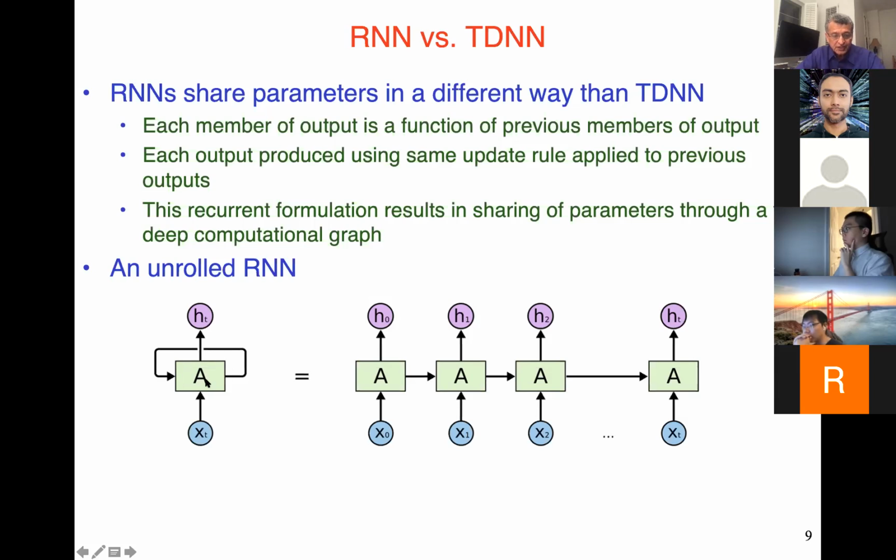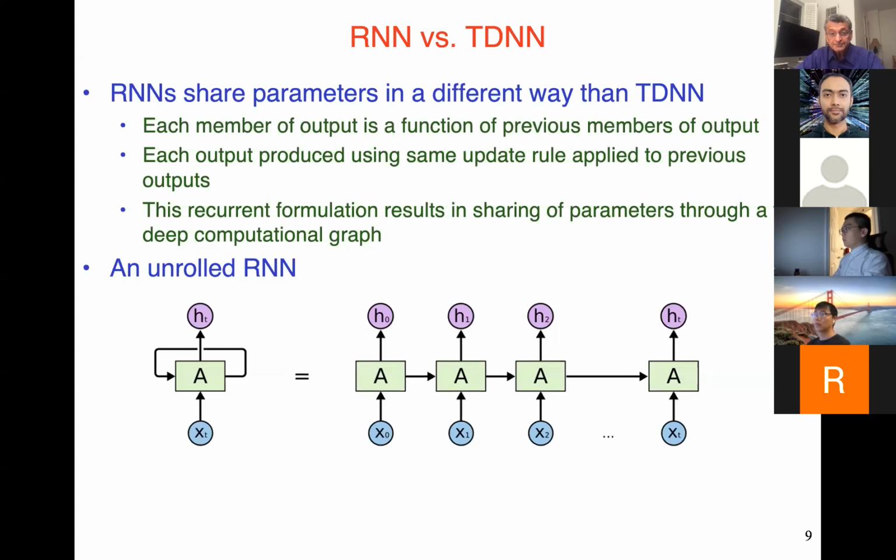And we're going through a node here which has got a feedback path. So this says we are taking this input element, processing it along with what was produced the previous time around, and then that produces the output h_t. All right. So each member of output is a function of previous members of output. And each output is produced using the same update rule applied to the previous outputs.